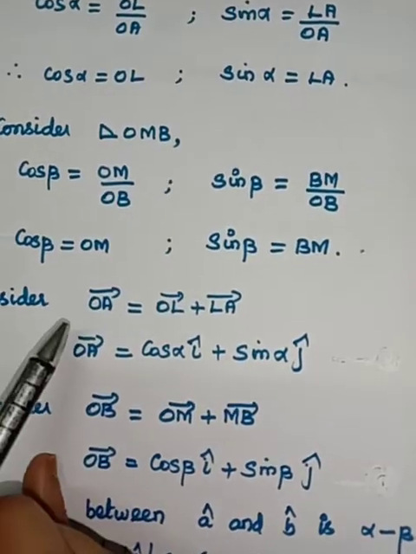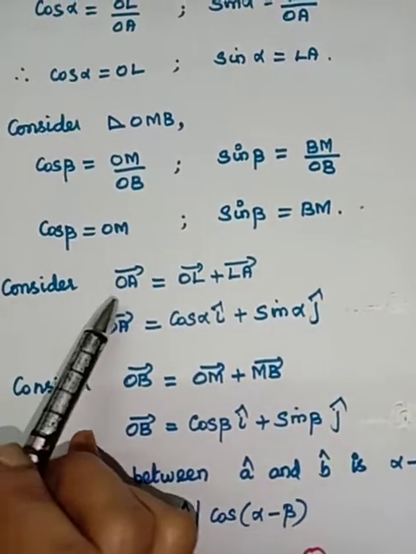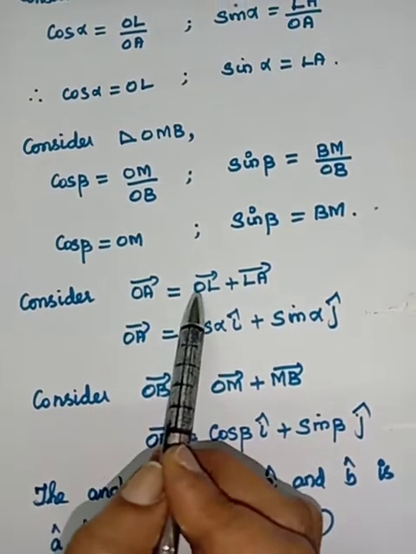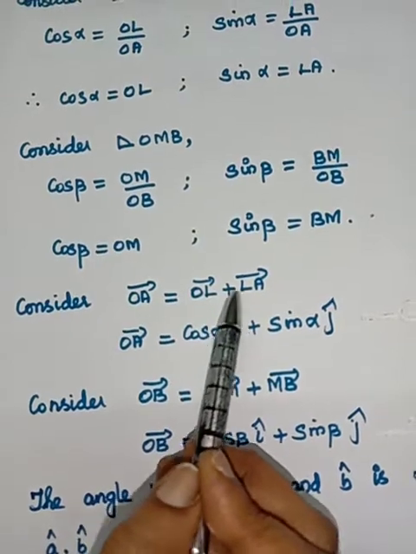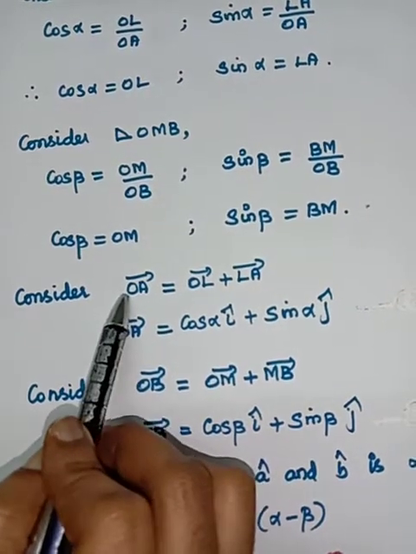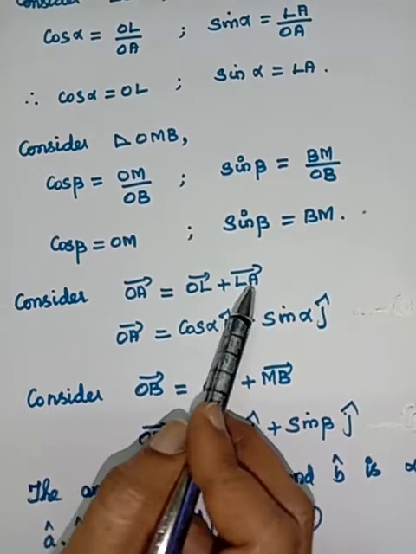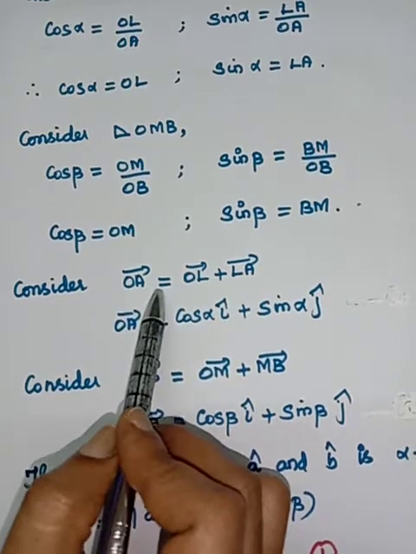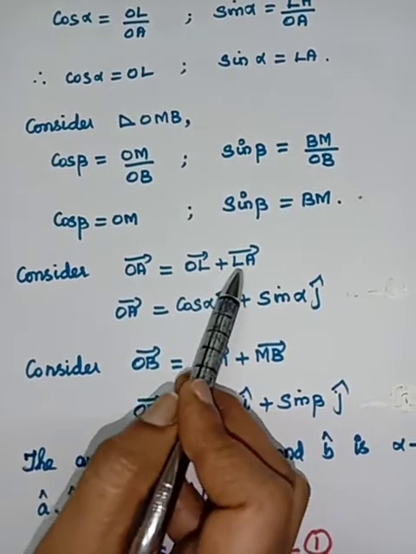While you are using vectors, you have to be careful in magnitude. You have to start with O and you have to end with A.